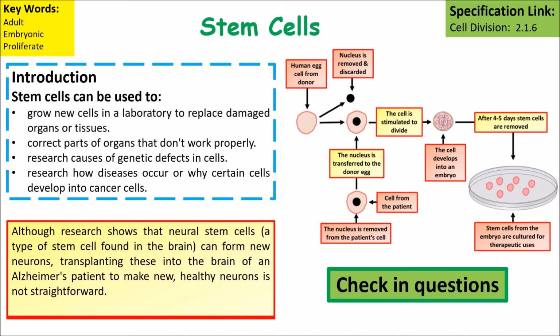And although research shows that neural stem cells can form new neurons in the brain, we've not yet been able to use them to treat Alzheimer's, although it is being looked at and could in the future be developed to treat this disease.